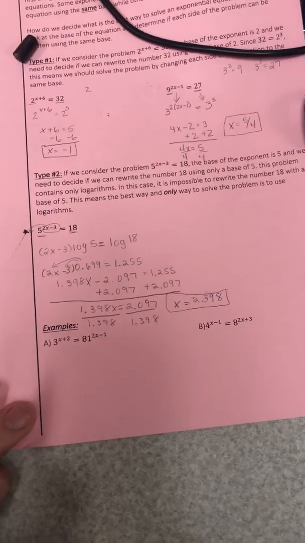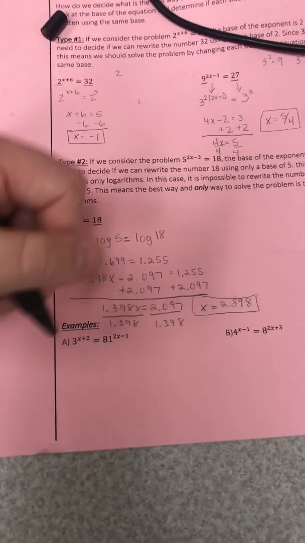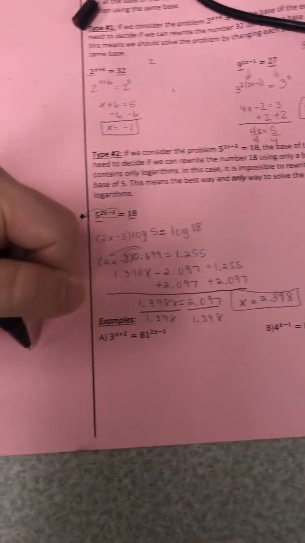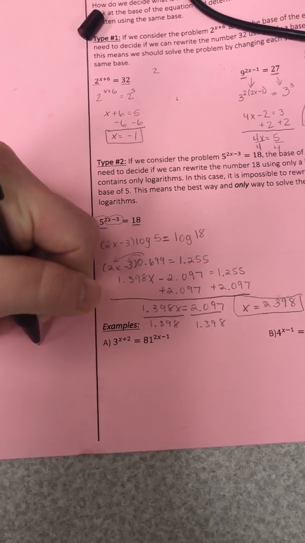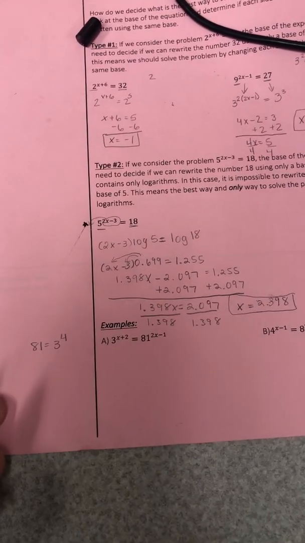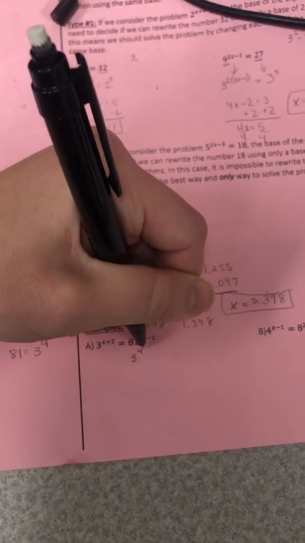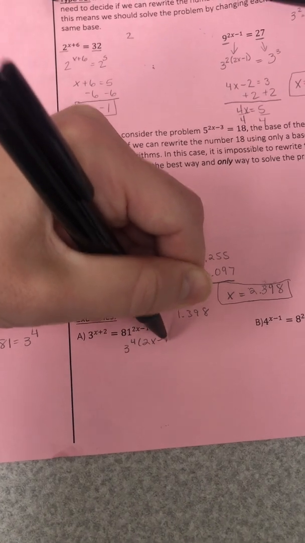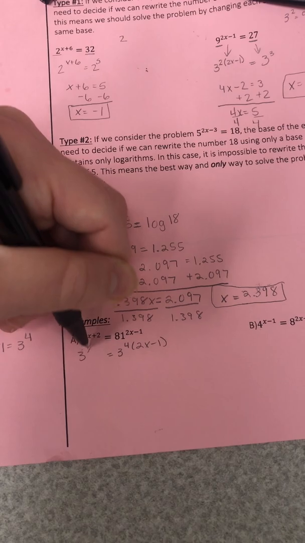All right, let's look at these ones down here. Luckily, 3 and 81 share a lot in common. We're going to keep the base of 3 here. 81, if we were to write that over to the side, is equal to 3 to the 4th power. So we're going to go ahead and change that: 3 to the 4th power, but we still have 2x minus 1, is equal to 3 to the x plus 2.